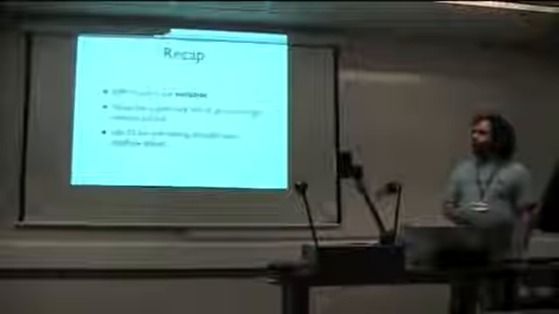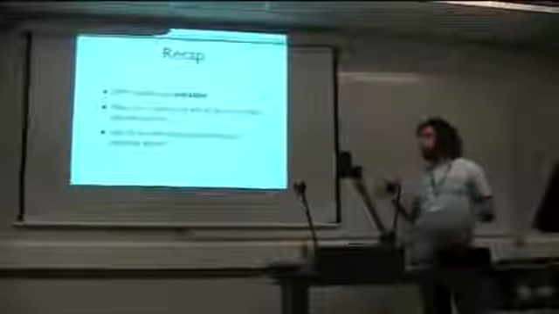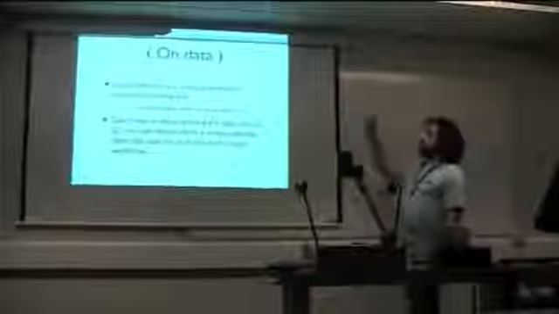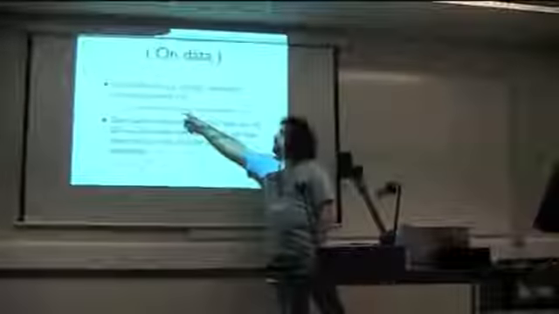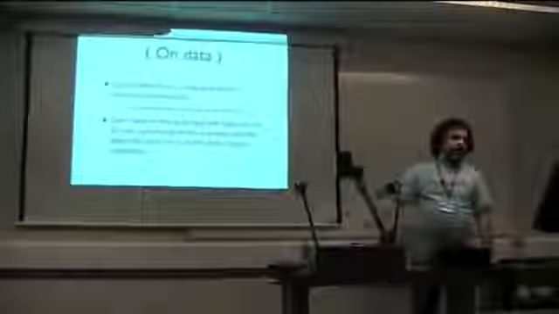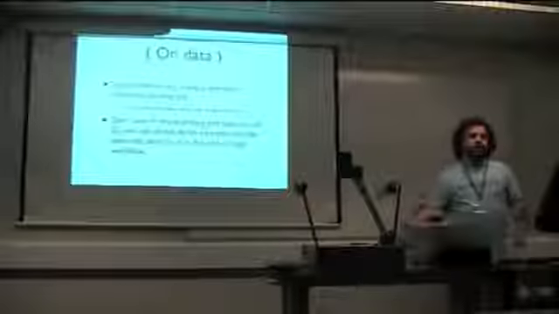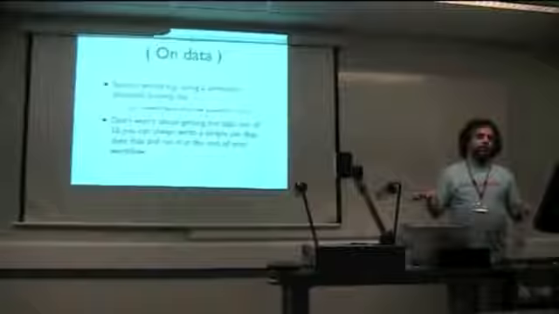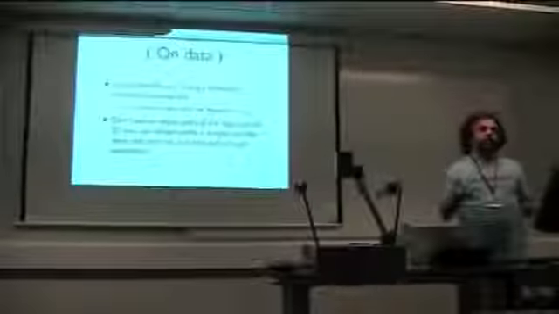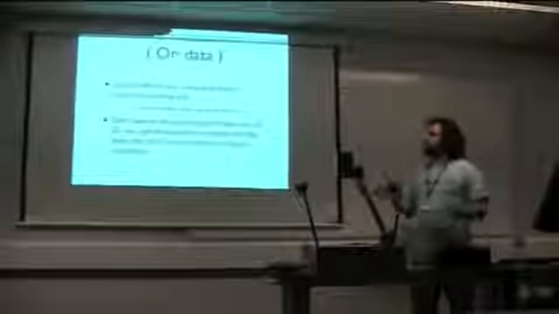Use S3 for everything, and plan ahead how you're going to store your data in S3 and how you're going to get it there. Because if you store it in a path like this... there's a thing called Hive, which I don't know if you've heard about, but it's basically a data warehouse built on top of Hadoop that you query using an SQL-like language, which gets compiled into a MapReduce job, which then gets sent across the cluster.